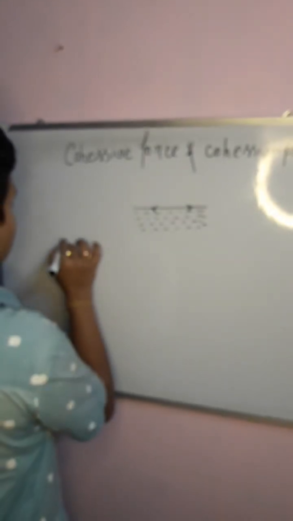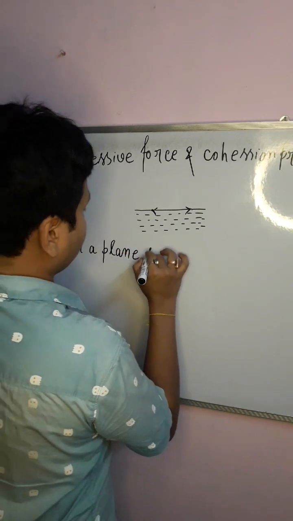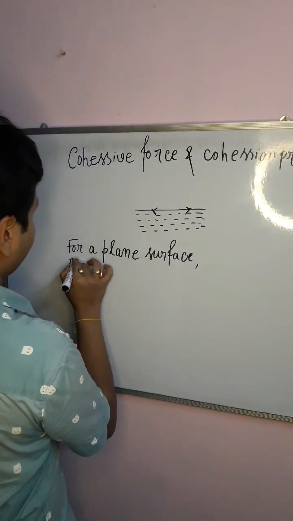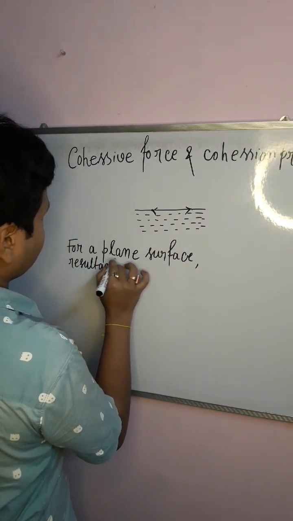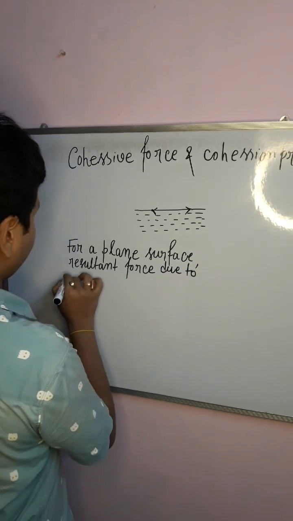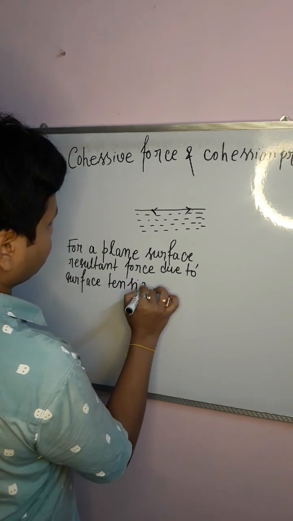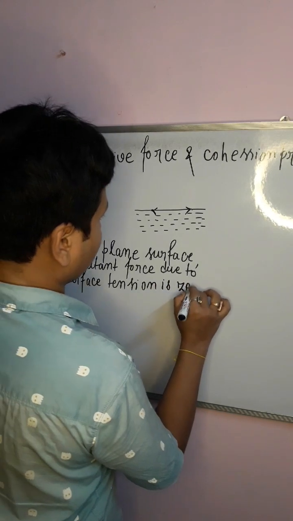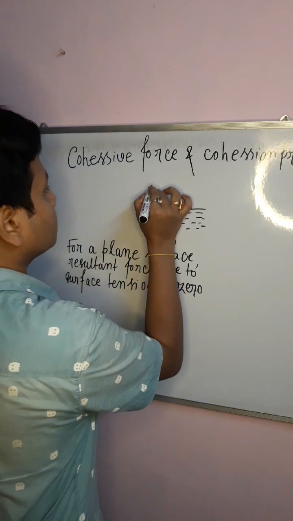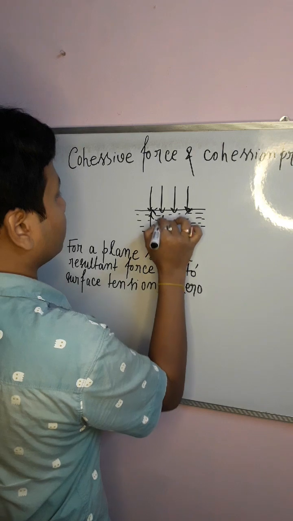Now as force is zero, pressure is zero, because the pressure from this side is exactly equal to the pressure applied on the other side.